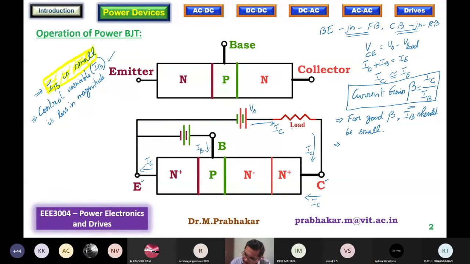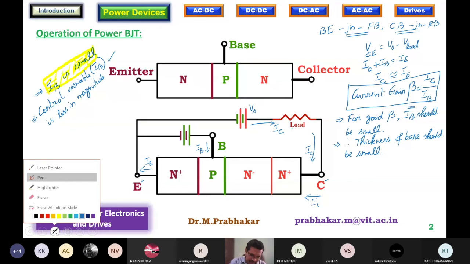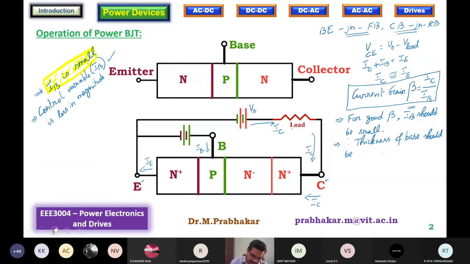If IB should be small, therefore the thickness of the base layer should be small. That is one of the reasons for having a thin base layer. I should write base should be thin, not small. The thickness of base should be reduced, which means a thin base.